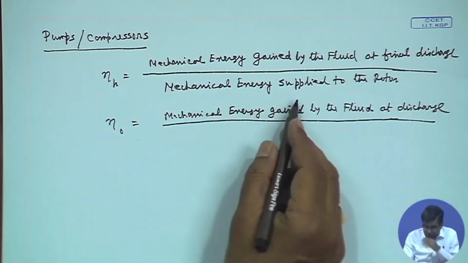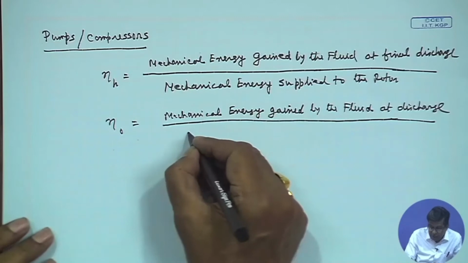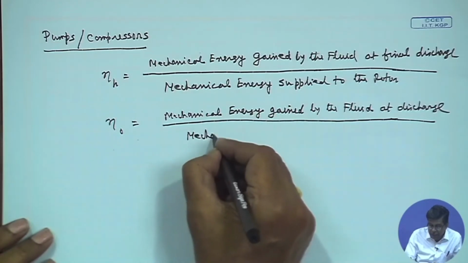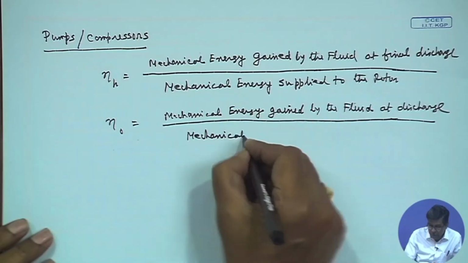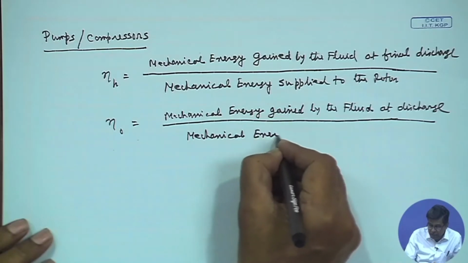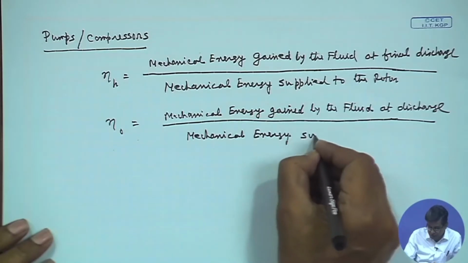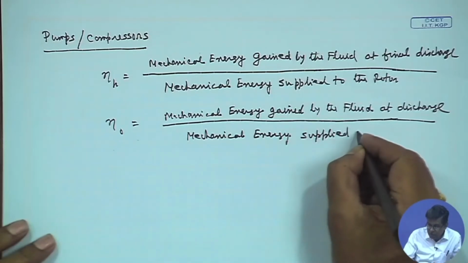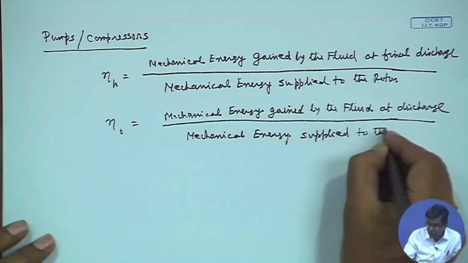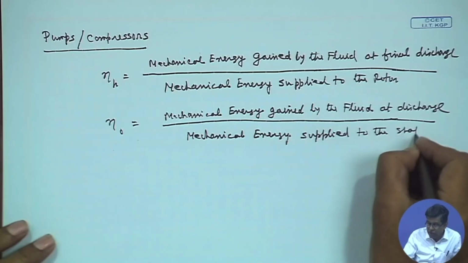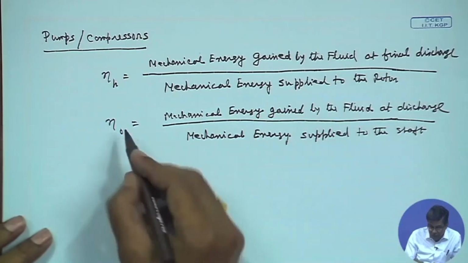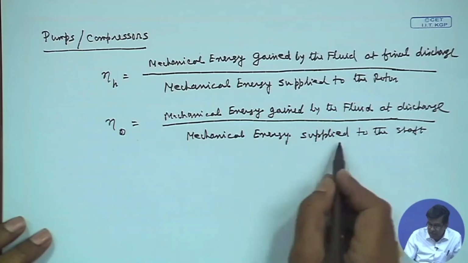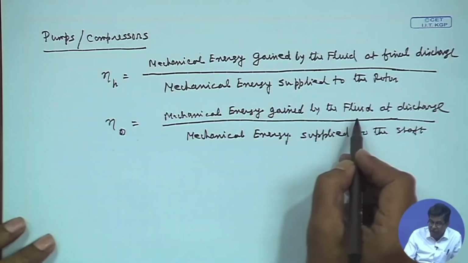Now, here the input will be the mechanical energy supplied to the shaft. That means the initial input point is the shaft, like in the turbine the final output point is the shaft.